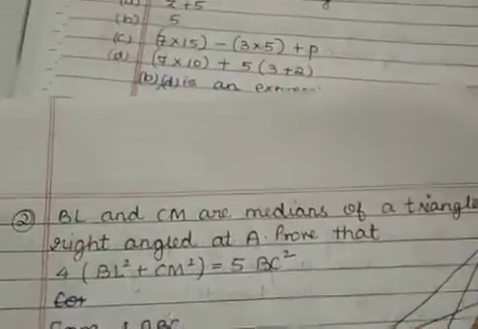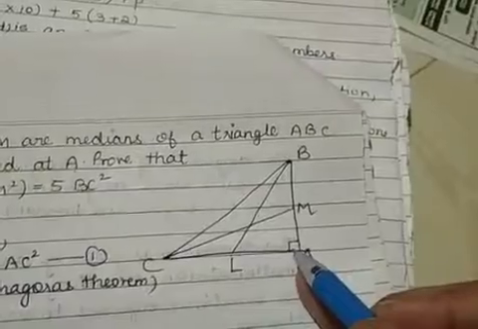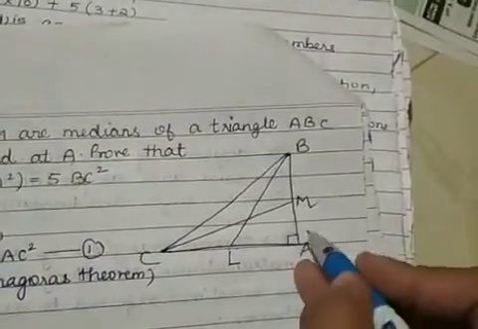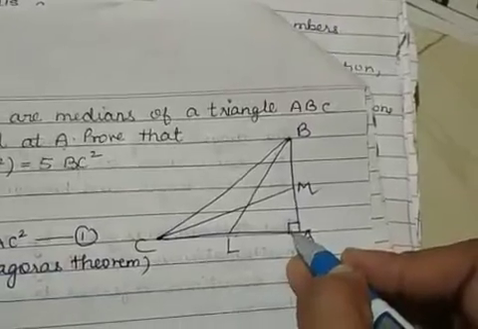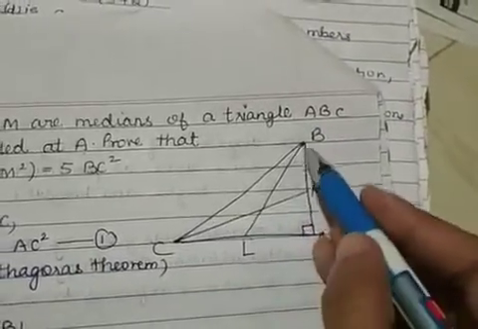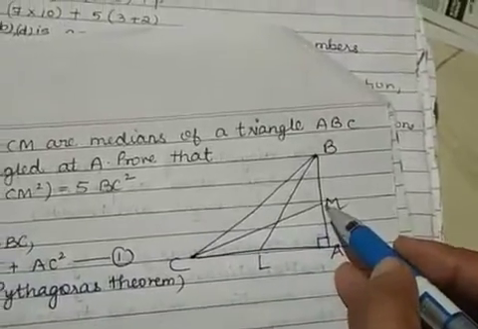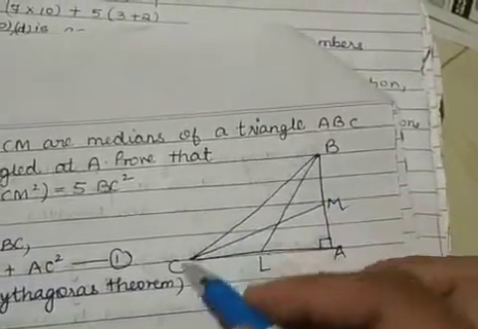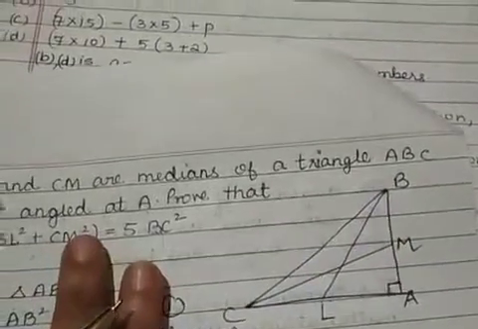So let us draw the figure first. Let us take a triangle ABC, right angled at point A, and BL and CM are the medians of the triangle ABC. This is what we have to prove.